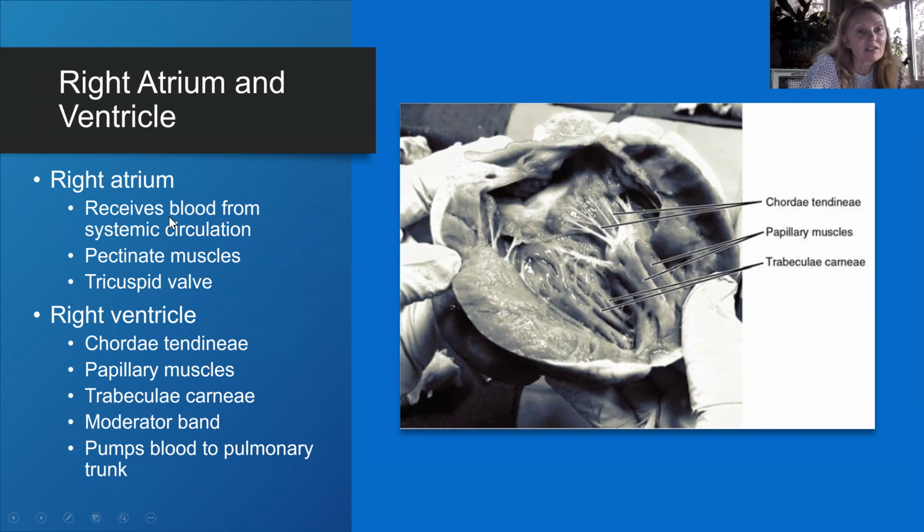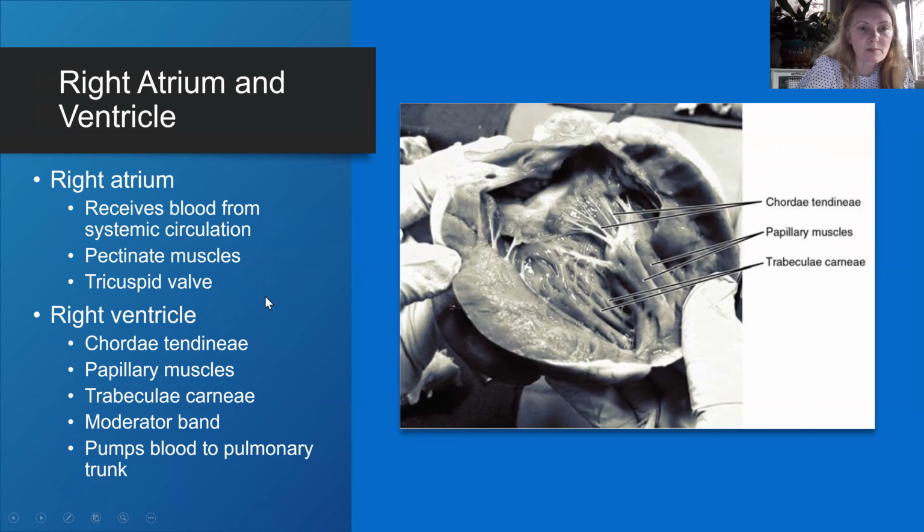So if something receives blood from your body systems, it's going to be blood rich in carbon dioxide, deoxygenated blood. It has muscles called pectinate muscles, and the valve that divides the right atrium and the right ventricle is the tricuspid valve.